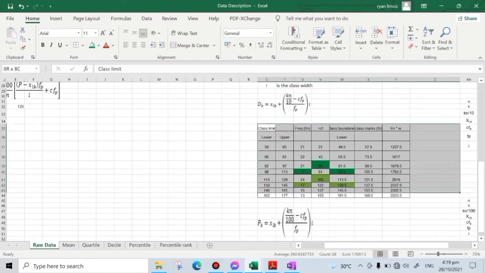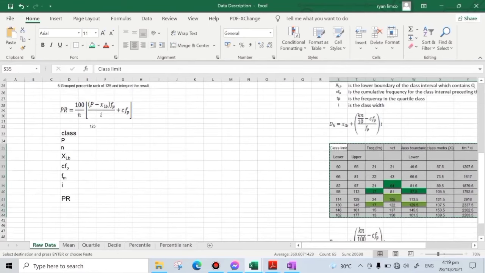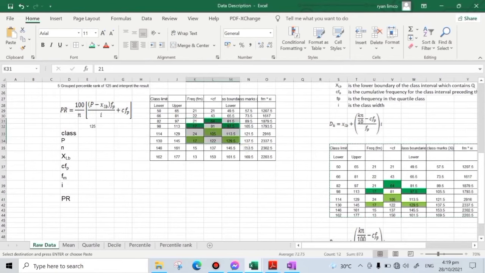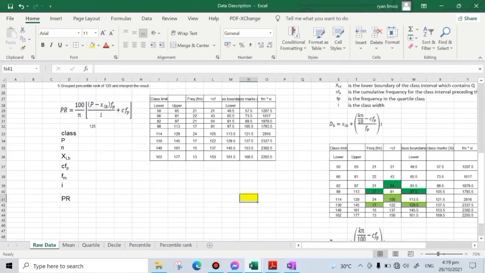So let's copy this again. So for the class that contains 125, it can be found from 114 to 129. And the P is 125.